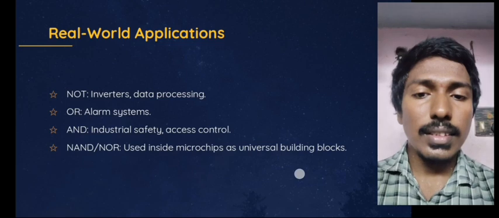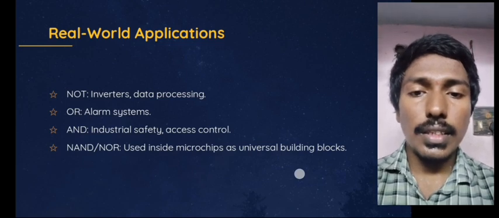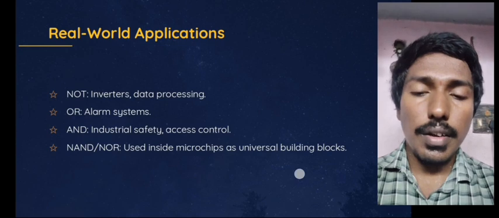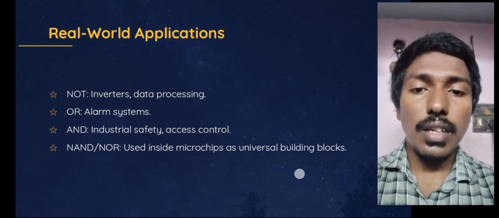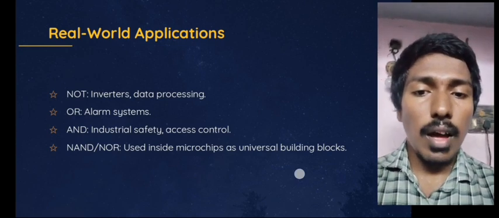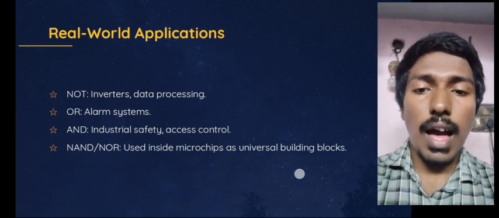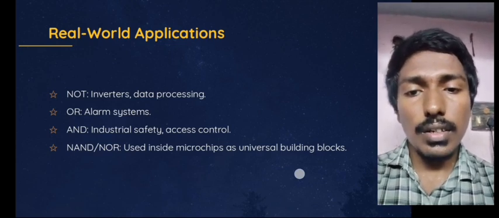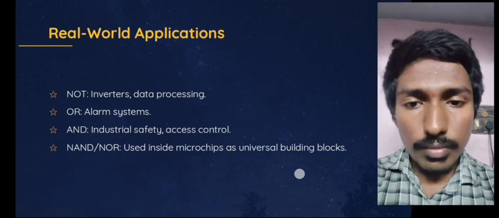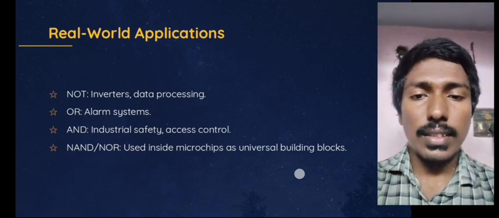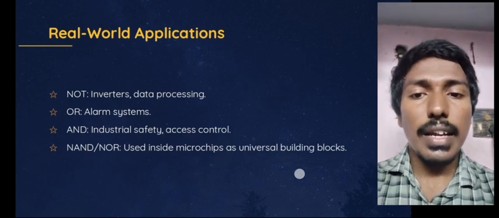We already discussed that the NOT gate inverts, so the output is the inverse of the input. The OR gate: all alarm systems can be built with OR gate logic circuits. AND gate: industrial safety, access control, etc.